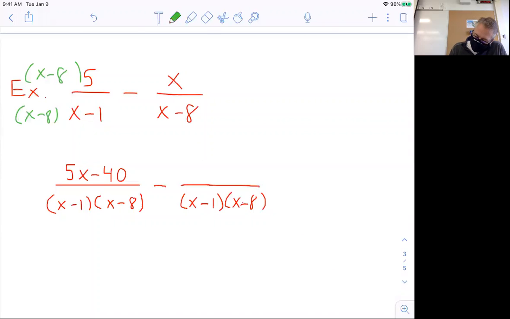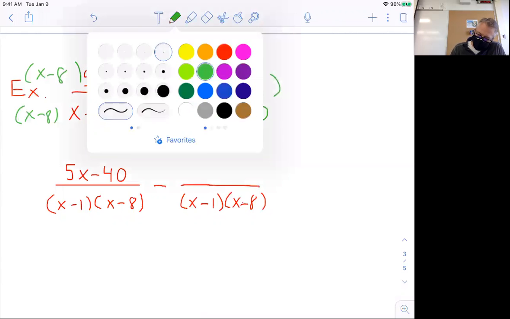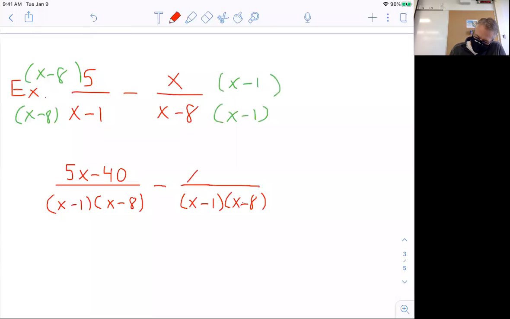And on the right side, I'm multiplying top and bottom by x minus 1. So that's going to give me x squared minus x.